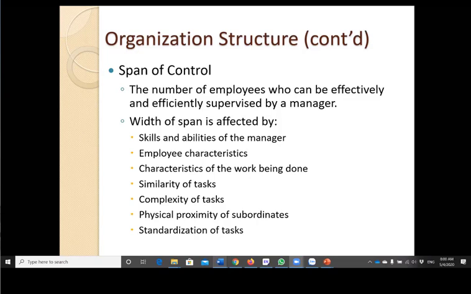The second factor to be considered is the employees' characteristics. If they are just simple workers, like rebar fixers or concrete workers, with very simple work and very simple characteristics, then you can manage more and more of them.